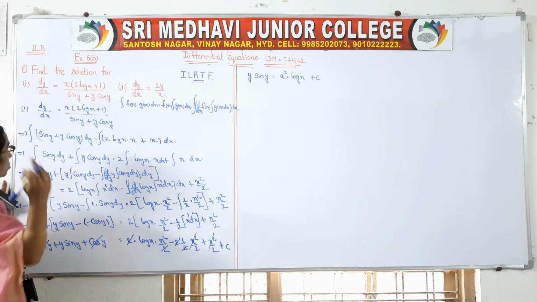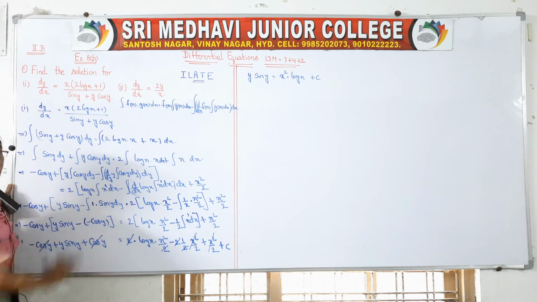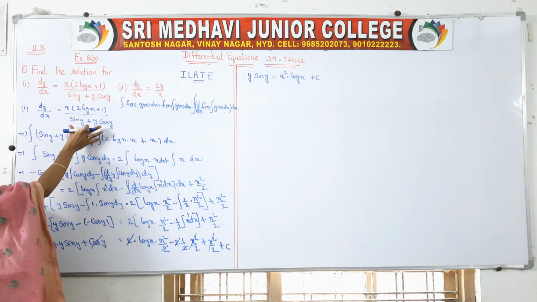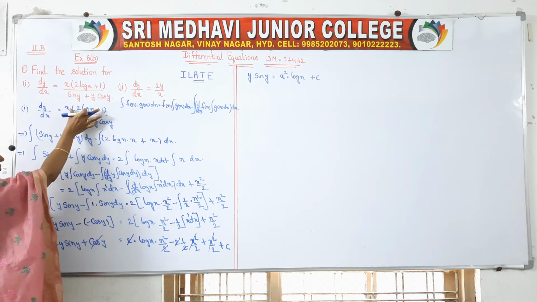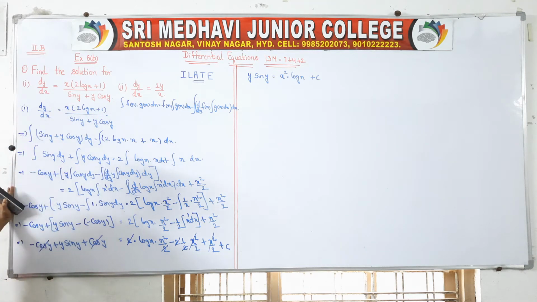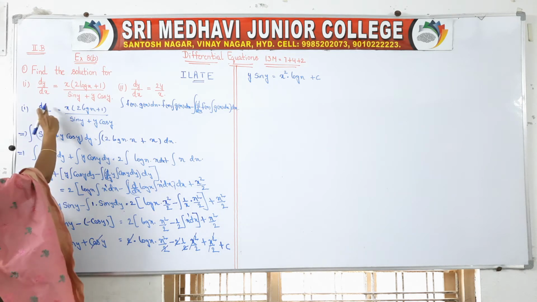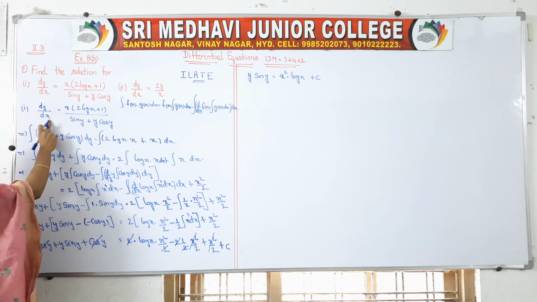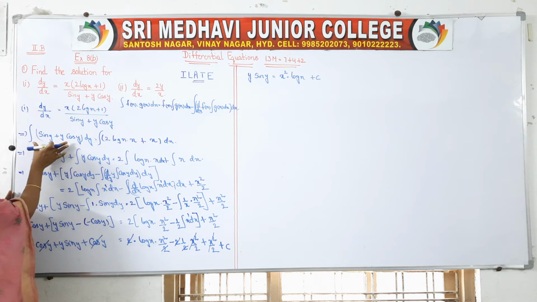So where we used, see, this is the problem. So if you observe downwards, all are y terms. In upwards, in numerator, we are having all x terms. In denominator, we are having all y terms. And this side we are having dy, this side dx. So send all y terms to this side.